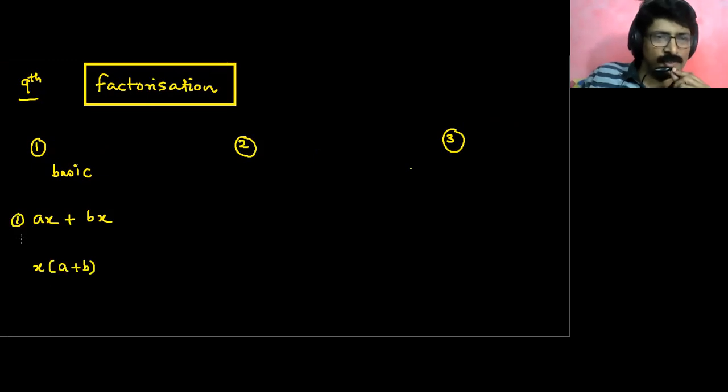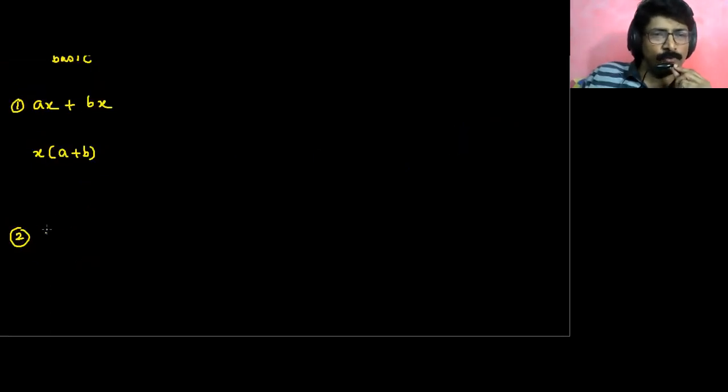Okay, there could be something like this way, like 4x square plus 3x cube. So what we can do, let's say x square, we can take it out common.